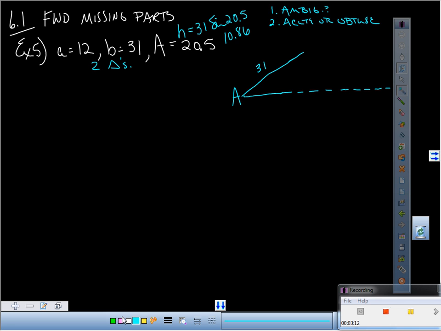Okay? Now, they tell me that the height is, or they don't tell me, we found it, that the height is 10.86, not 8.6. It's hard to write. Okay. Now, we know that we have two triangles that we can make, okay?